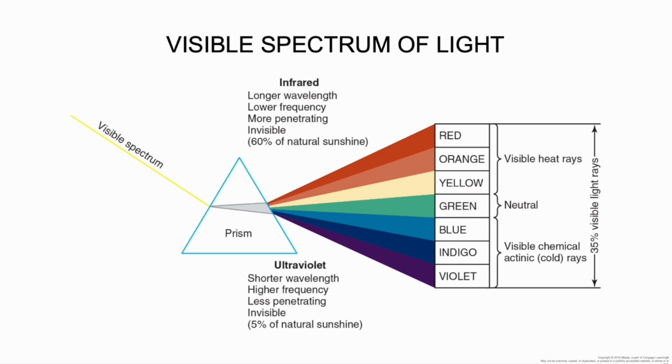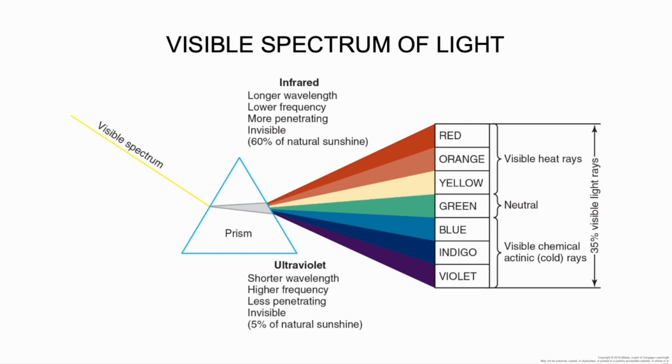Visible spectrum of light. Visible light is the part of the electromagnetic spectrum that can be seen. This is what we see each day and night. Although they are referred to as light, infrared light and ultraviolet light are not really light. What they are, infrared and ultraviolet, are forms of electromagnetic energy. They are invisible because their wavelengths are beyond the visible spectrum of light.